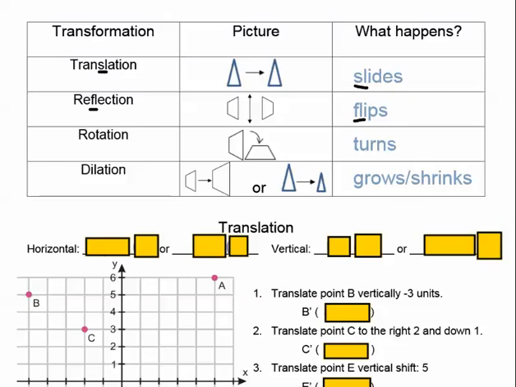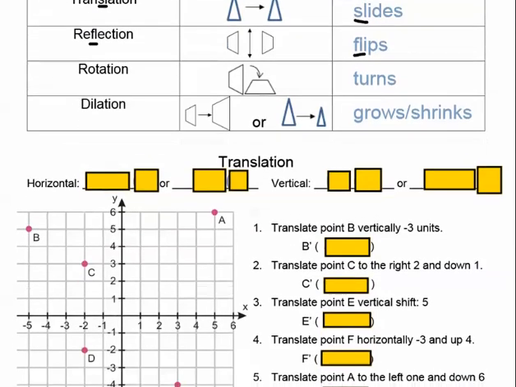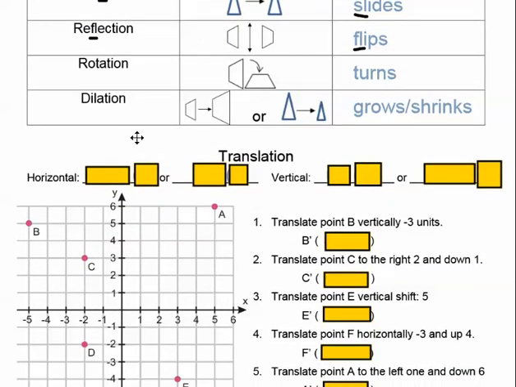A translation, we slide. We can have a horizontal or a vertical slide, or we can have both. For horizontal, we either move left or right. If it's a horizontal slide and they want us to move right, it would be a positive number.